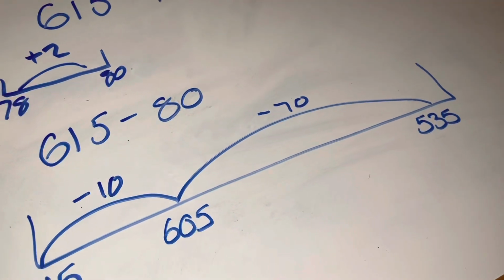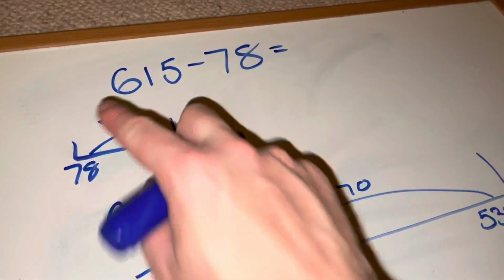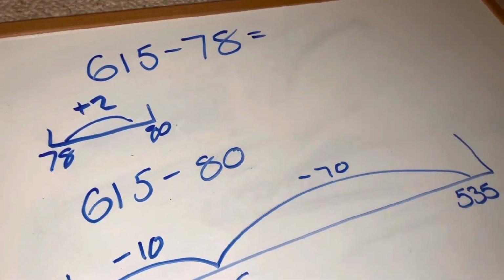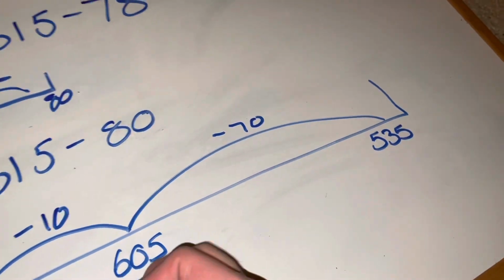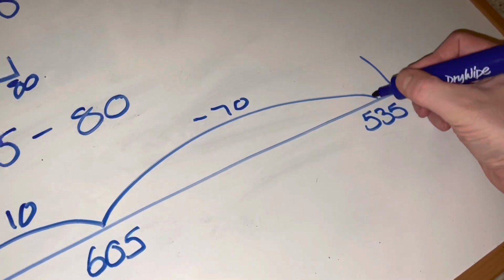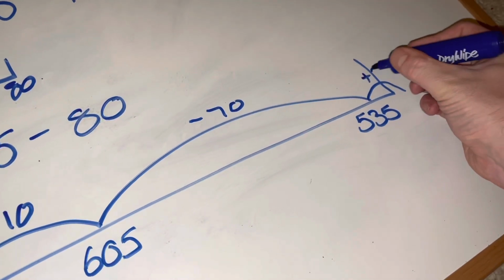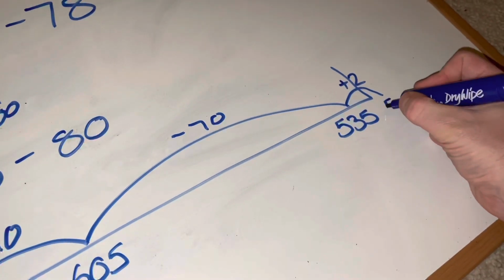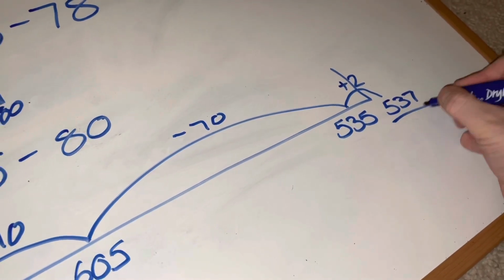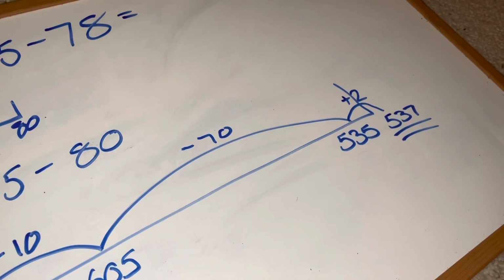So the answer here is 535. Now remember, I added 2 at the start to bring the values 2 closer together, so I need to add 2 at the end to keep the gap back to where it should have been. So 535 add 2 is 537. The answer is 537.